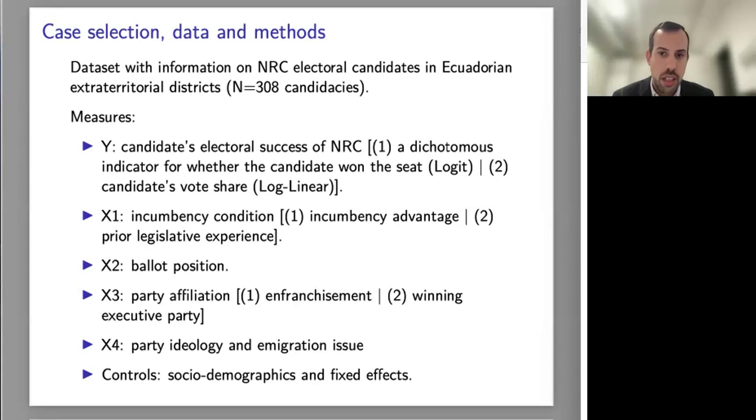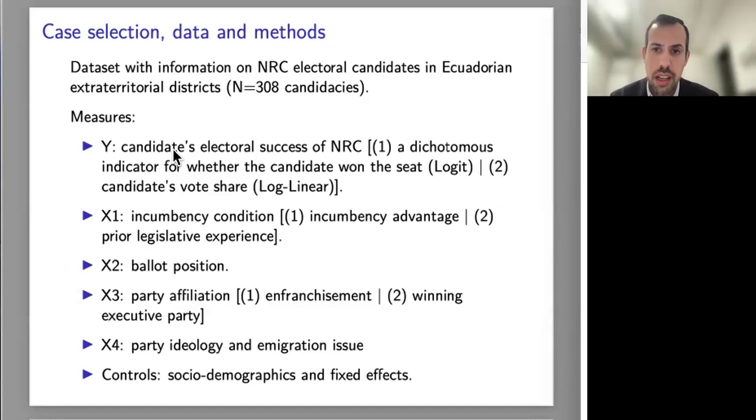We build an electoral aggregate dataset based on the official information provided by the National Electoral Council in Ecuador and secondary sources to complement this dataset with socio-demographic controls of all the non-resident candidates since the first election in which Ecuadorians abroad could vote for legislative elections. So we use two indicators to measure our dependent variable, our Y, candidate electoral success of non-resident citizens.